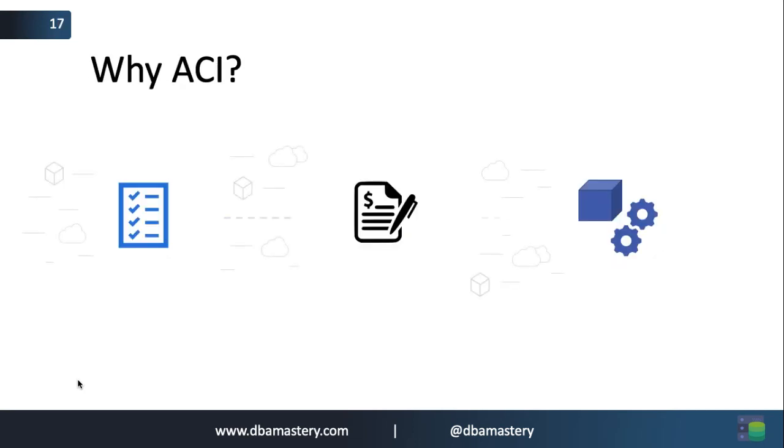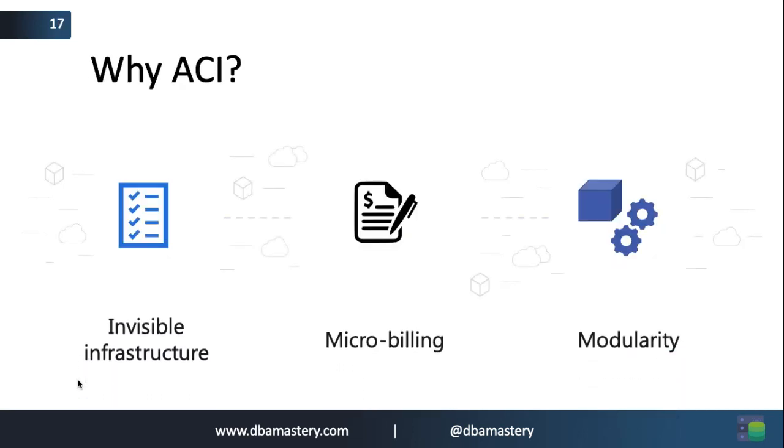Okay, so why ACI? Invisible infrastructure has a larger meaning. The first thing we need to understand here is that there are actually no servers. Containers are running in the cloud, of course, but the server infrastructure is invisible for us. But let me clarify here. It doesn't simply run on paper or vapor.